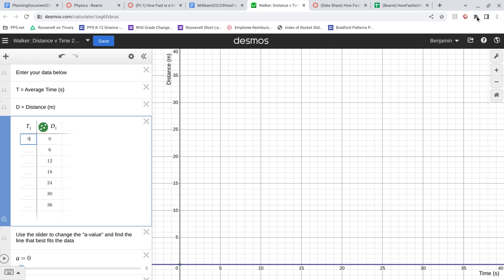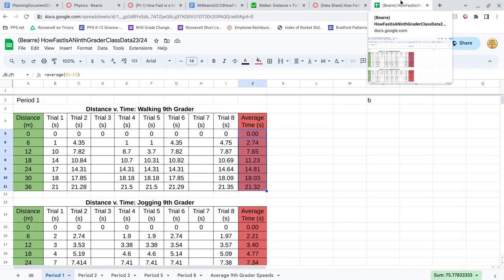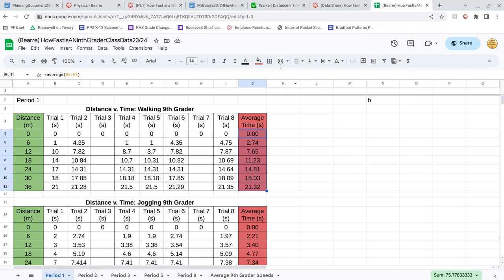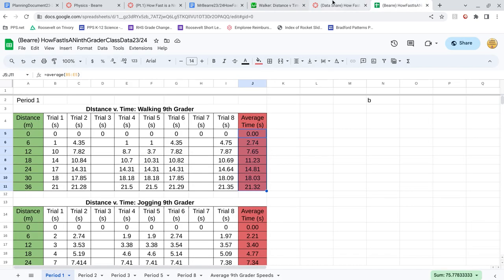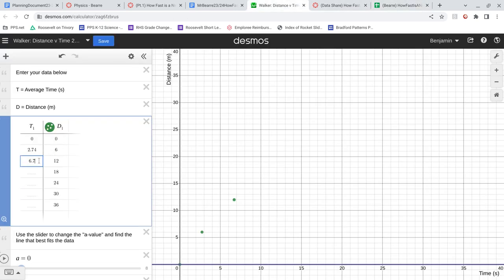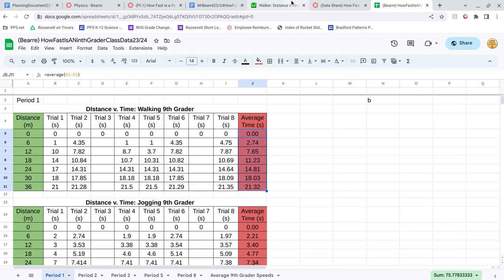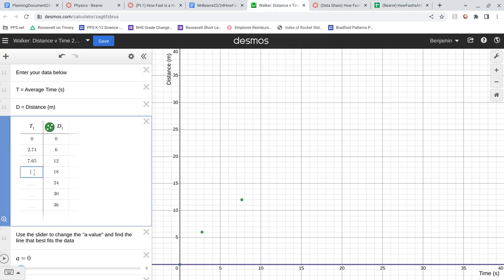Then my time for zero distance is 0 time. And then I have 2.74. My next one was 6.75, I believe. 7.65, okay. 7.65, and see how those plot points are coming up for you. 11.23.